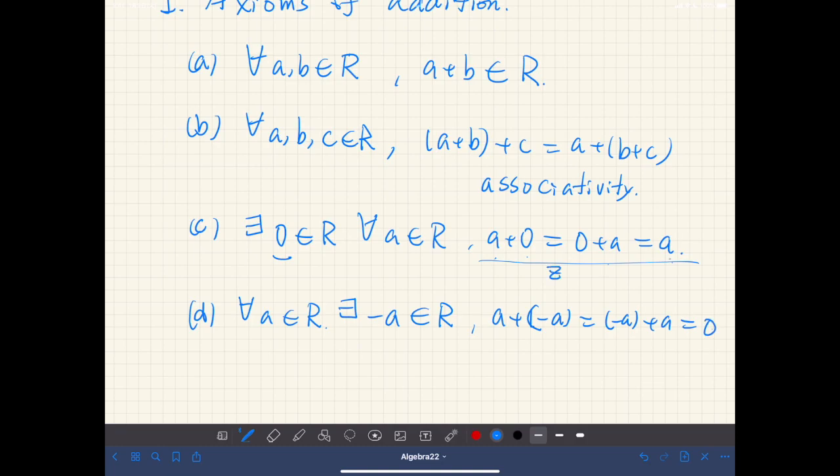So negative a gives an inverse operation of addition, so to speak. By adding this element negative a to a, we get 0, from the left or from the right. Either way, we get 0. So this is the inverse of addition.